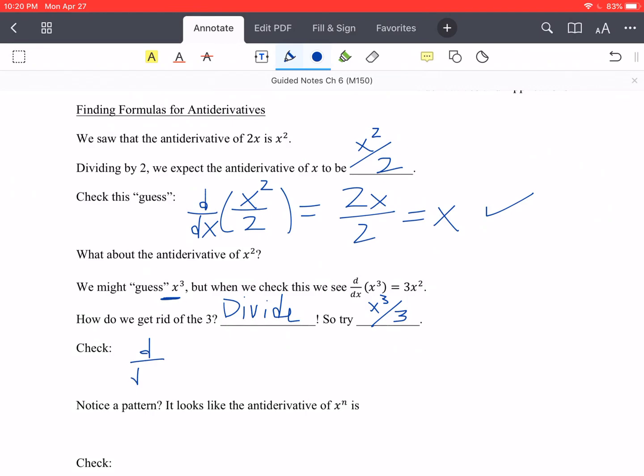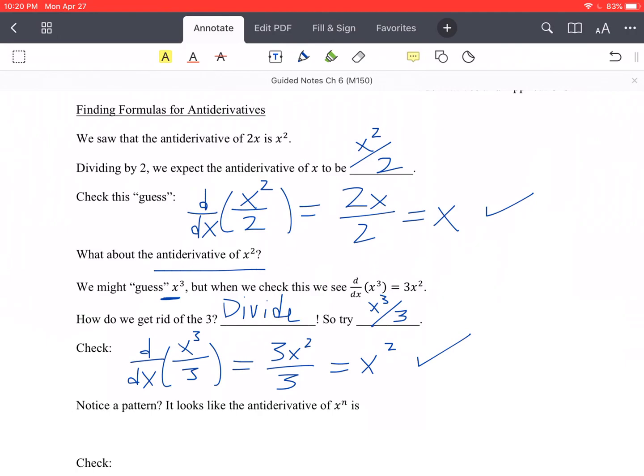So let's check it. So the derivative of x cubed over 3 is going to be 3x squared over 3. 3's cancel, we're left with x squared. So the derivative of x cubed over 3 is x squared. So the antiderivative of x squared is x cubed over 3.